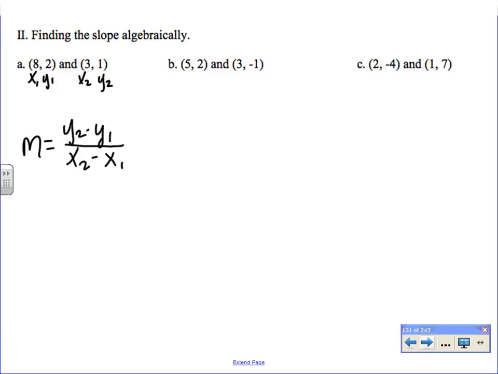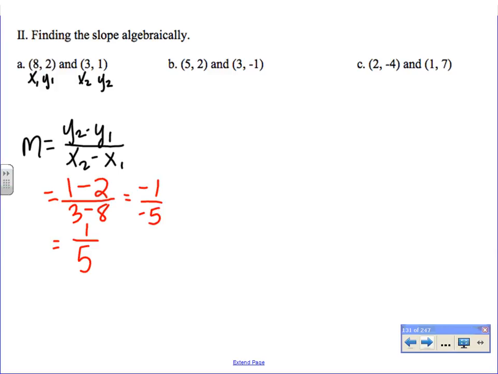So now when I plug this in, I hope you're doing it with me. I have 1 minus 2 over 3 minus 8. So my slope is what? Right, 1/5. You get negative 1 over negative 5, then that's positive, because there are 2 negatives, so positive 1/5.